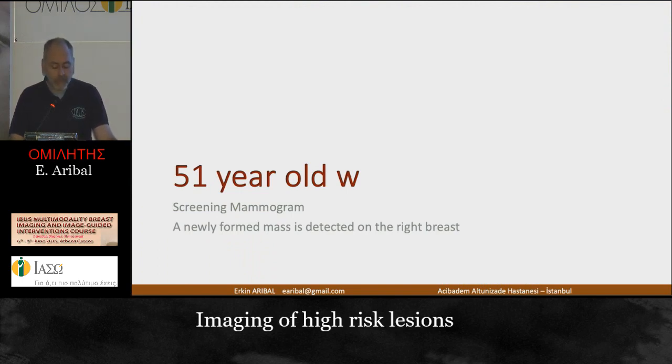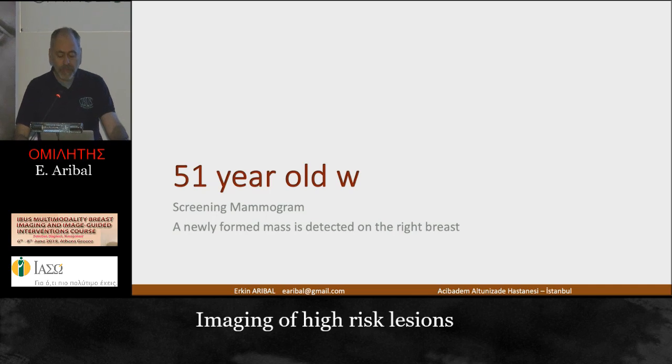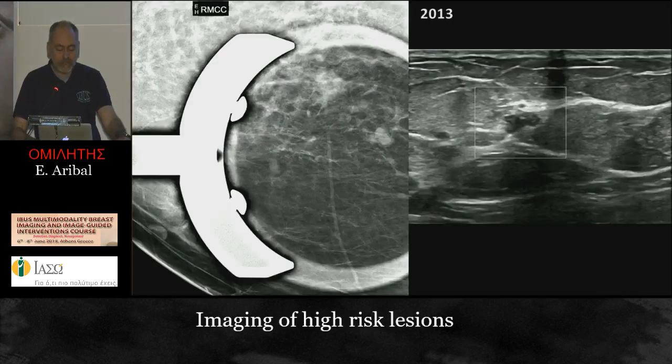I'll start with a case. This was a screening mammogram of a 51-year-old woman, and a newly formed mass was detected on the right breast. This is the spot view of the mass. It's oval, circumscribed, and almost with the same density as the breast tissue.